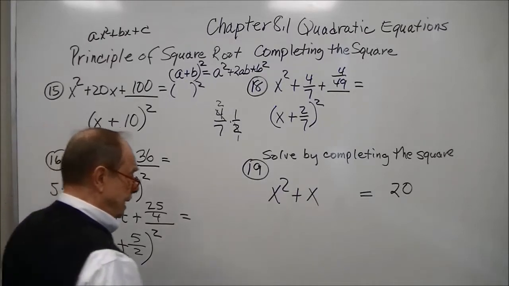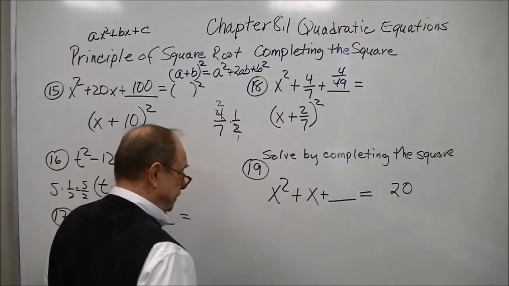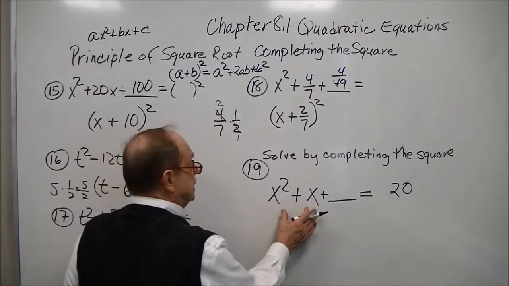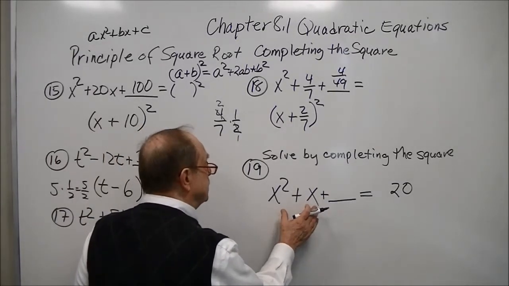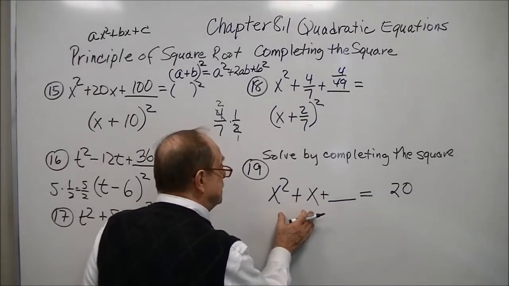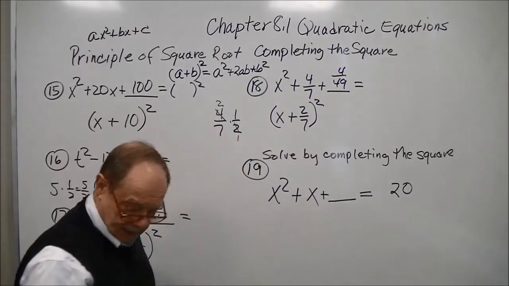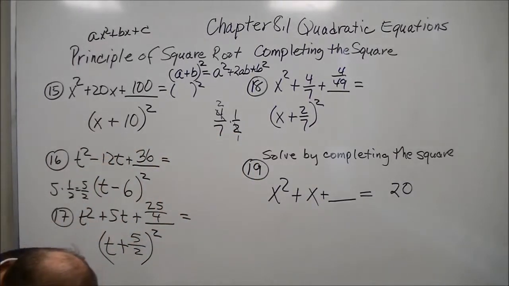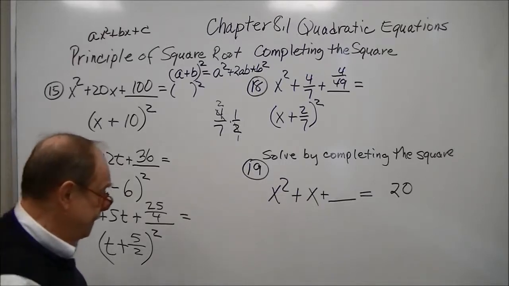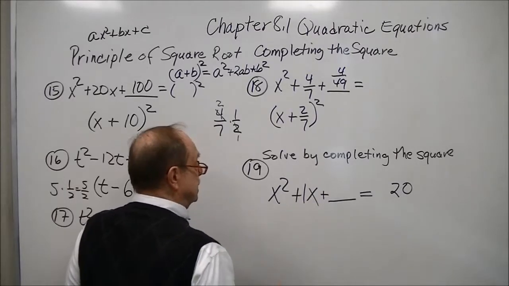Now, so that leaves this spot open, and we want to do what is called completing the square. So we want to make this into a perfect square trinomial. And remember, our term here is a 1.